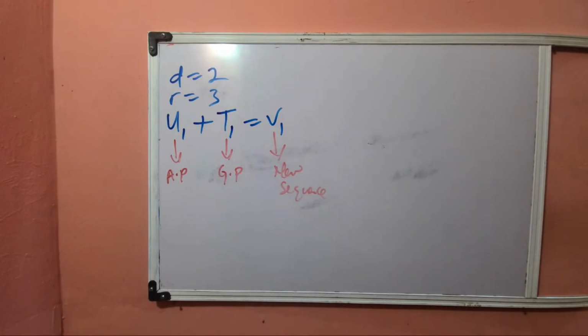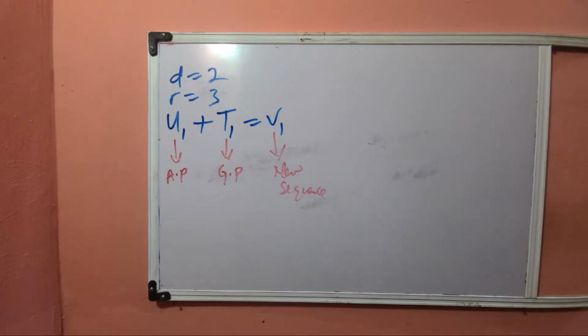Please pay real attention to this question so you can understand it clearly. They said an AP has a common difference of 2 and a GP has a common ratio of 3. The corresponding terms of the AP and GP are added together to form a new sequence. So if I wanted to get the second term of the new sequence, I will add the second term of the AP with the second term of the GP.